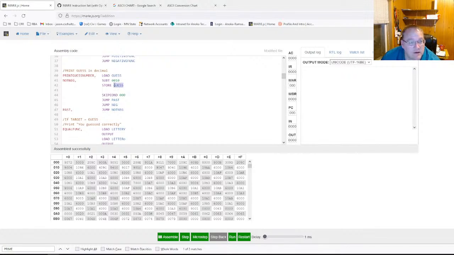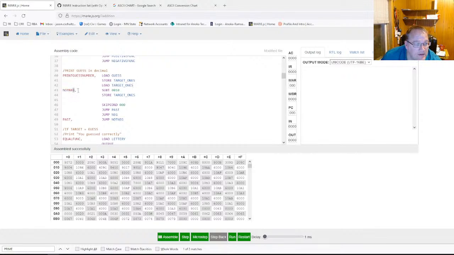Okay, so let me undo that. Let's do this. Store negative ones, and then load negative ones.